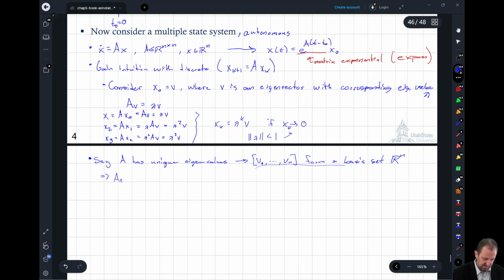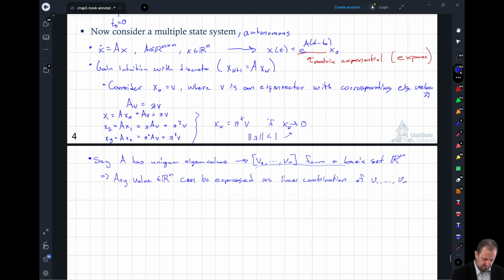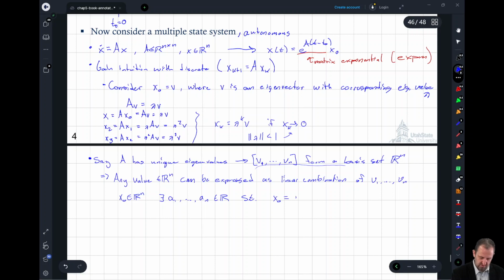So this implies that any value that is in R^n can be expressed as a linear combination of V1 up to Vn, i.e., for our initial state, x naught, which is in R^n, there exist a1 up to an that are all scalars, such that x naught is equal to a1 times V1 plus a2 times V2 plus all the way to an times Vn.